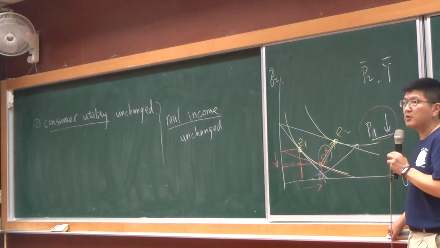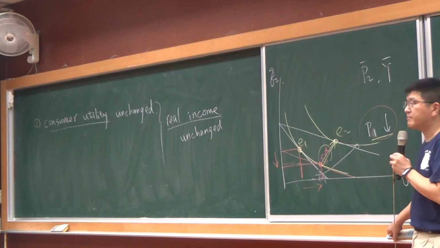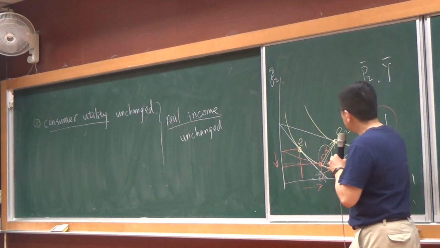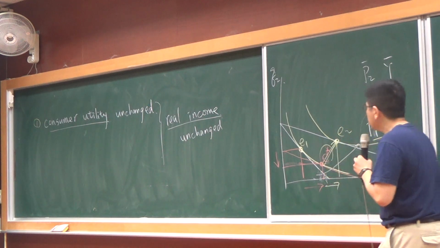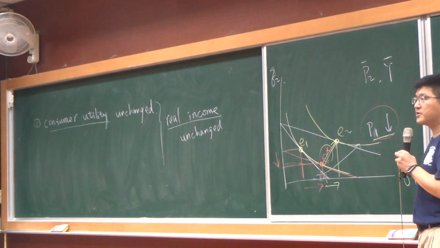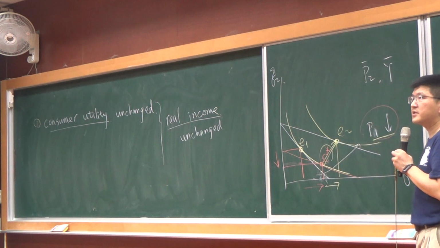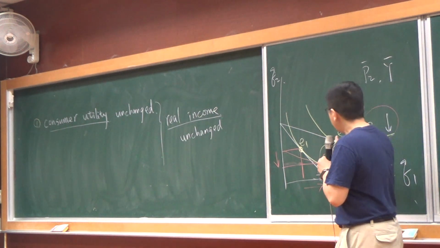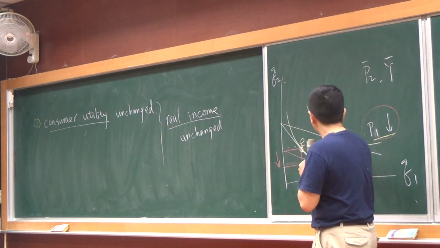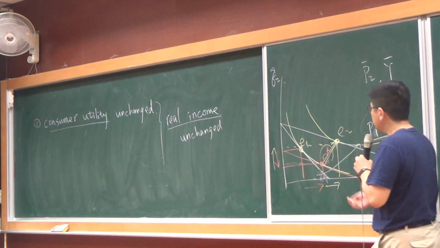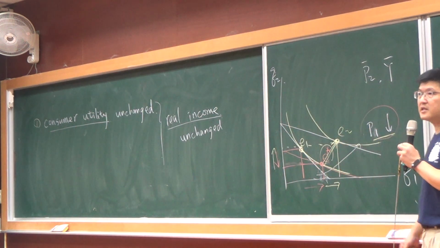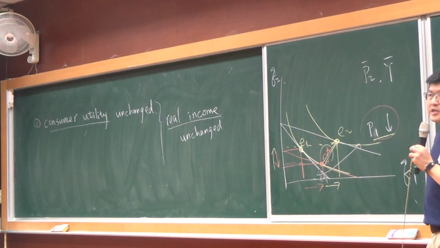Since we now have a higher real income, our consumption of Q1 is further increased, and the consumption of Q2 caused by the income effect is also increased. Okay?